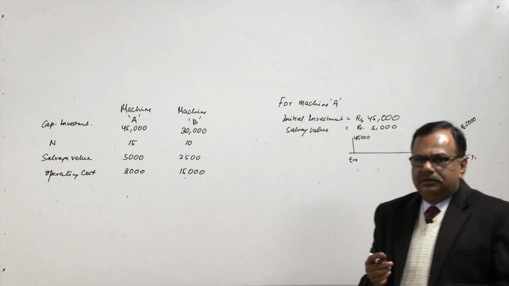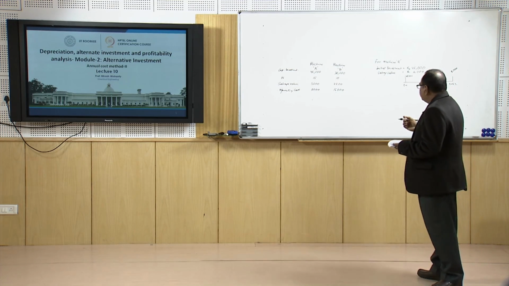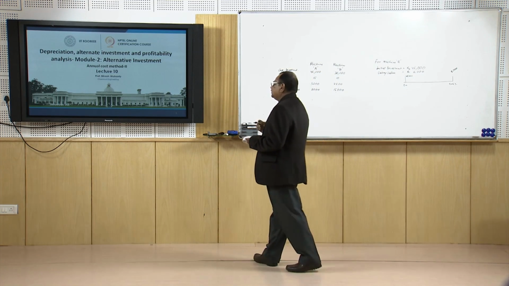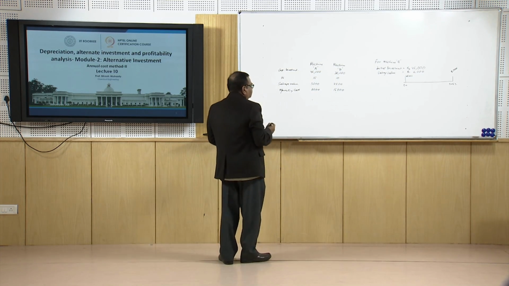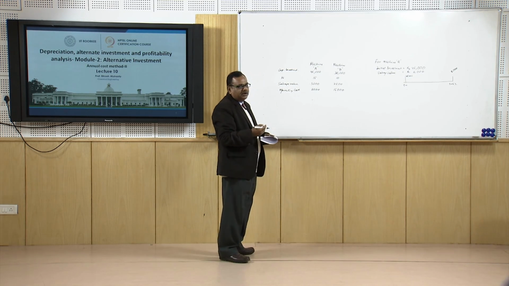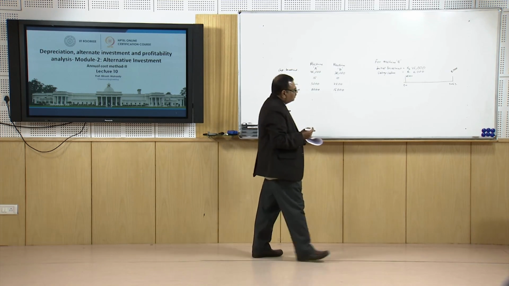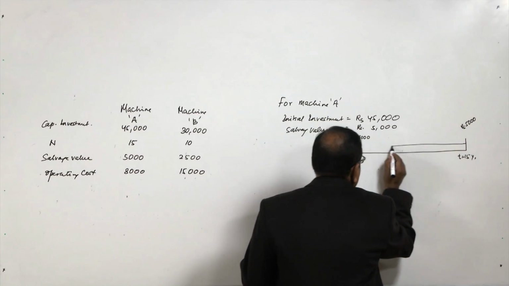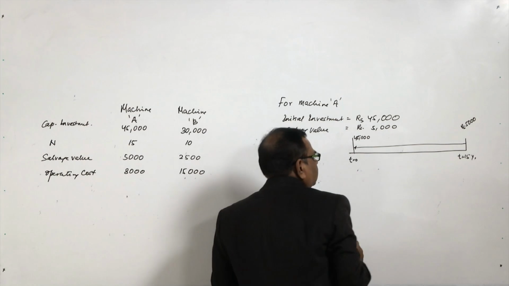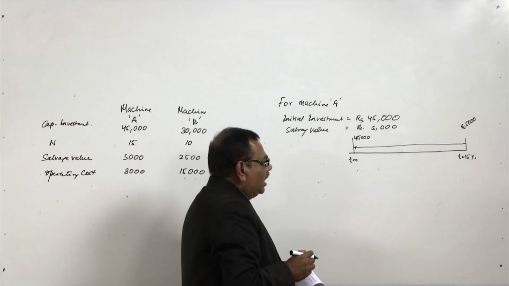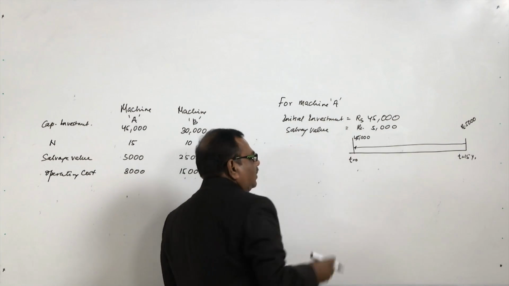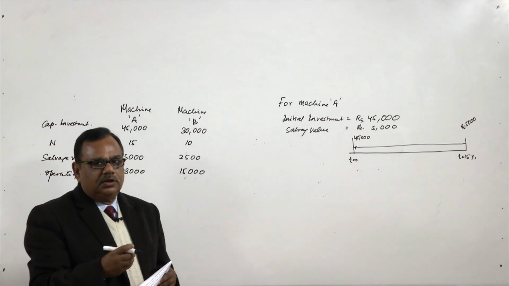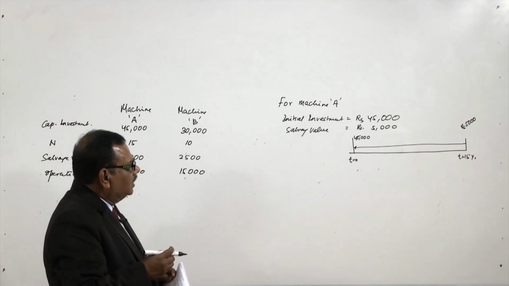In this case the depreciable amount is not 45,000 minus 5,000, because they are at different time periods. So we have to bring this 5,000 to t equal to 0, and then deduct it from 45,000 to find the value of the initial investment.